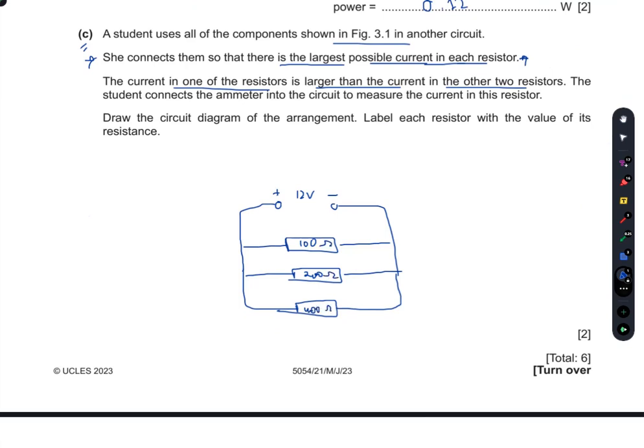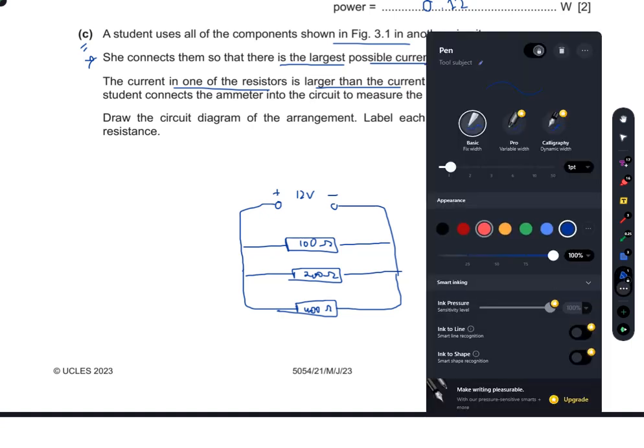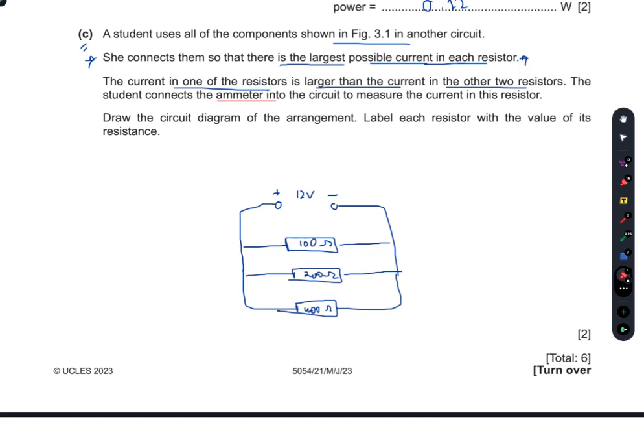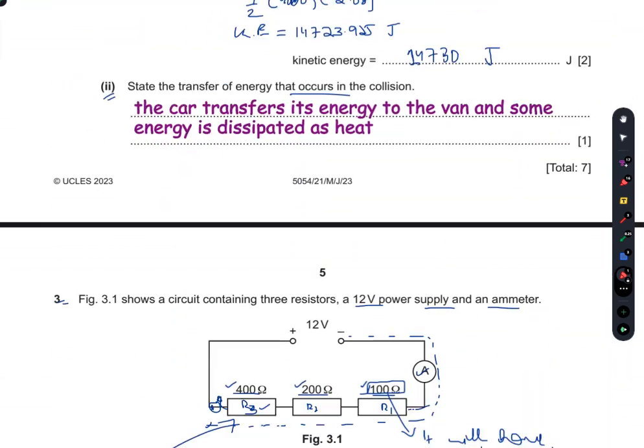And then he attaches an ammeter into the circuit to measure the largest current in this resistor. So I attach an ammeter here. The current would flow in this direction. So there is the largest possible current in the 100 ohm resistor. So that's your answer for Question number 3.